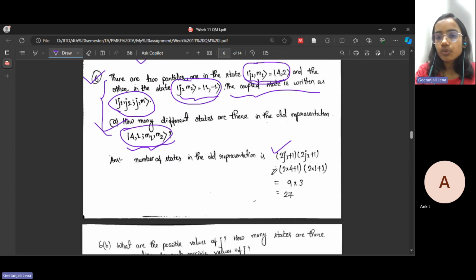So if you put the values of J1 and J2, it will be 2 into 4 plus 1, and the other one is 2 into 1 plus 1. So it will be 9 into 3. So the total number of states will be 27. This is the number of states in the old representation, that is the uncoupled state.